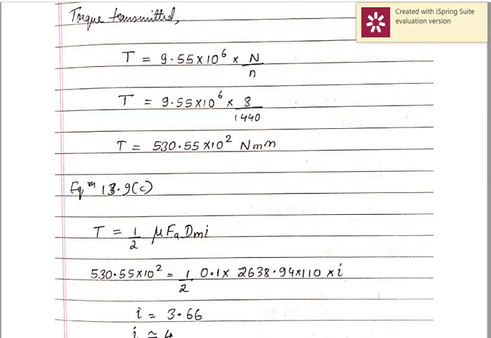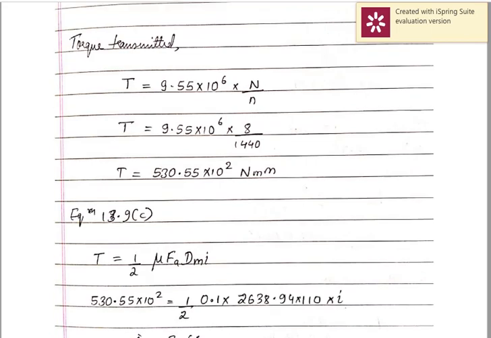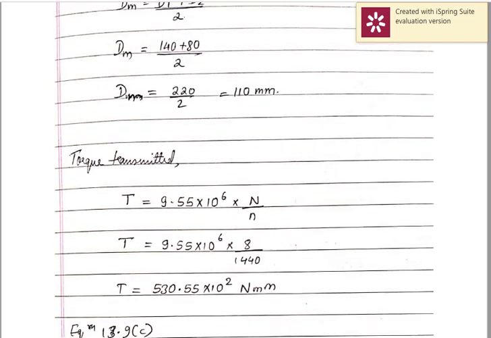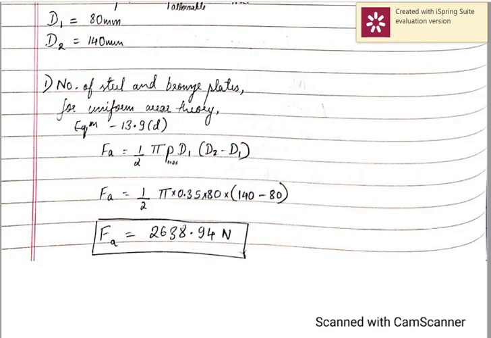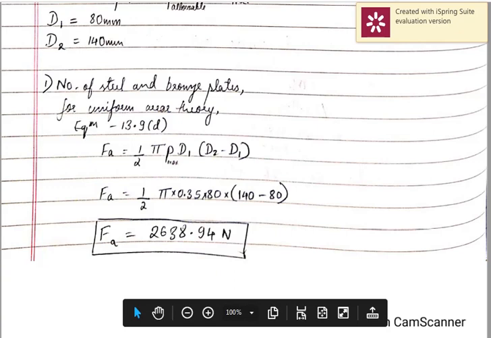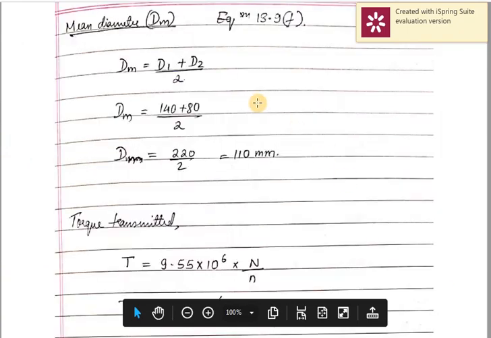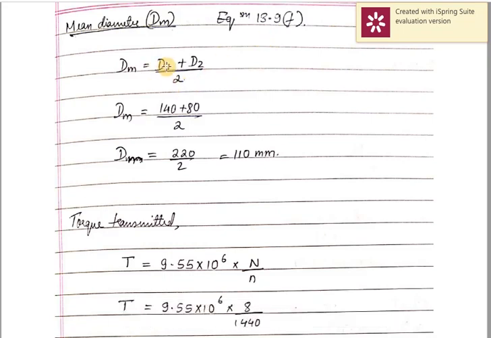To calculate the mean diameter, from equation number 13.9f, below that equation, we have dm is equal to d1 plus d2, or di plus d0, divided by 2. We get mean diameter as 110 mm.